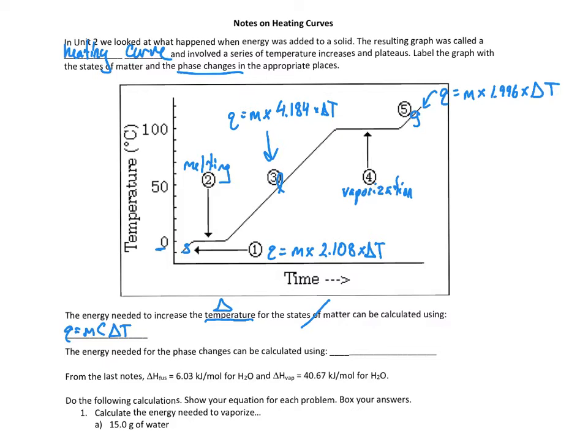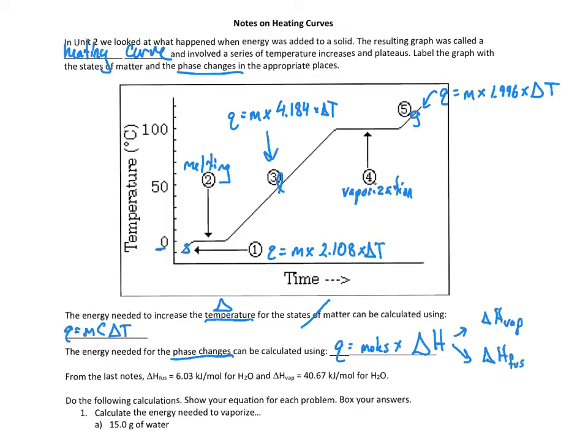So using those formulas with those specific heats, you can calculate how much heat is needed to change the temperature of that substance. But if I need to do a phase change, a phase change has no change in temperature. So for those, we're going to be using the moles times the delta H, and that can be either H vap or H fus.